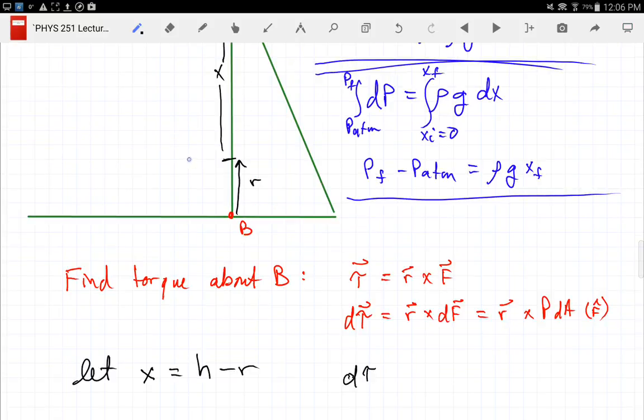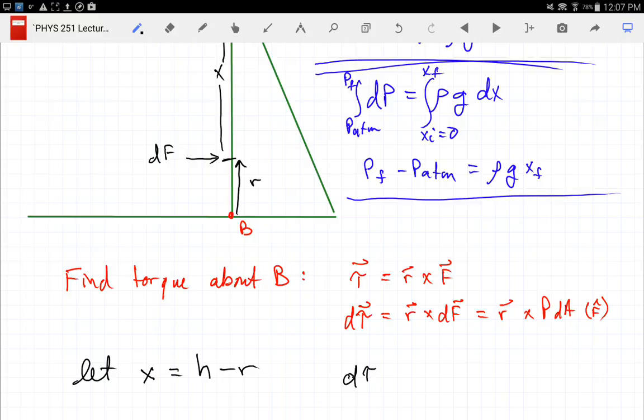What direction is my force? Into the dam. And so those are perpendicular directions. R cross F, using the right hand rule, I'm going to get that my torque is into the screen the way I've drawn it. Right, because I use fingers first in the direction of R, and then orient the hand so I can bend them in the direction of the dF. Thumb goes in. So I have my direction taken care of.